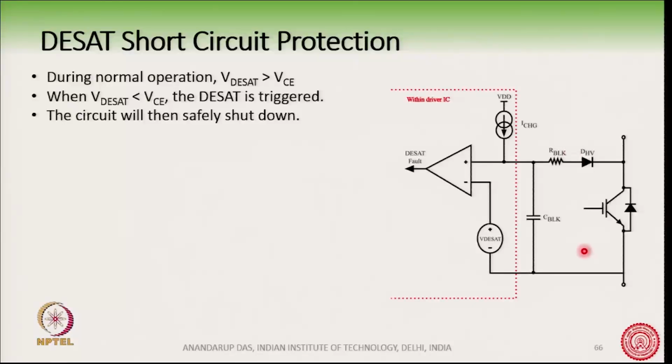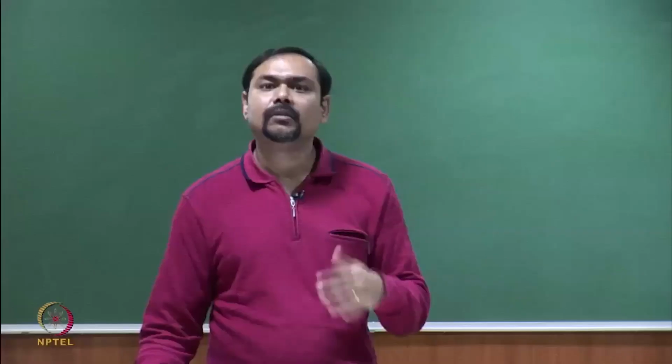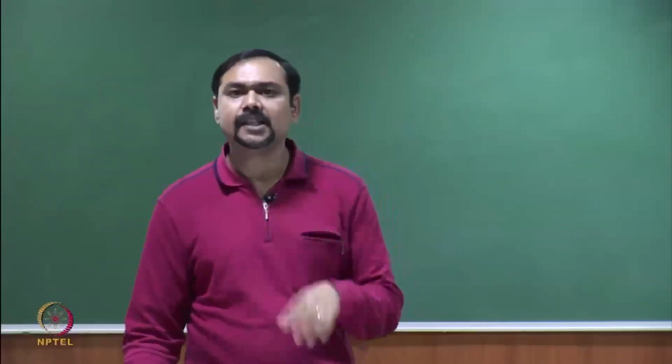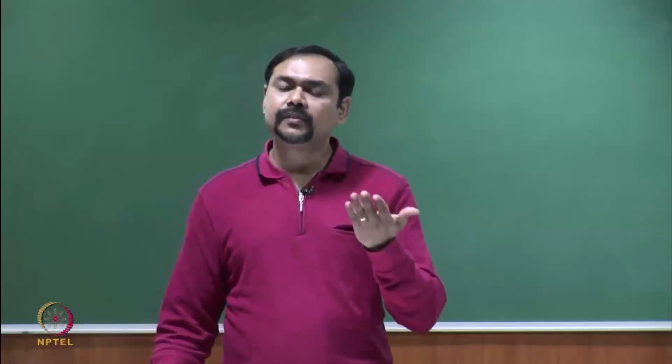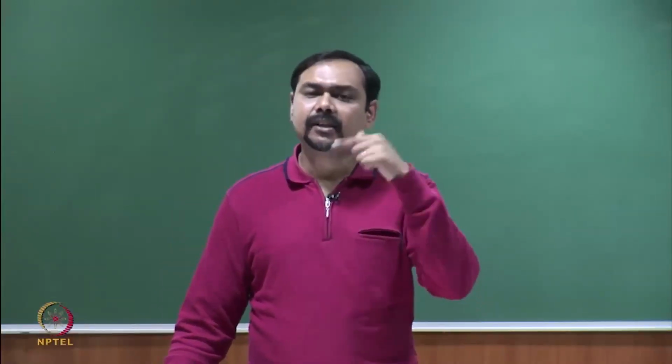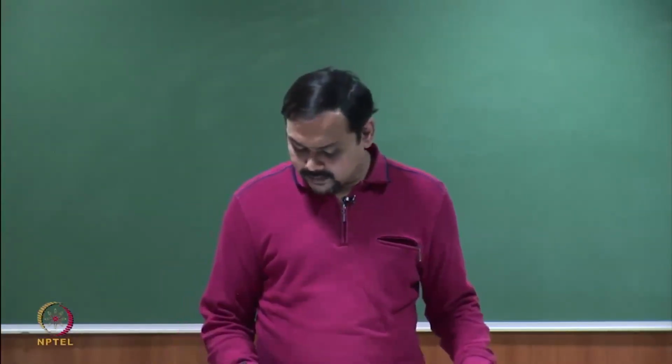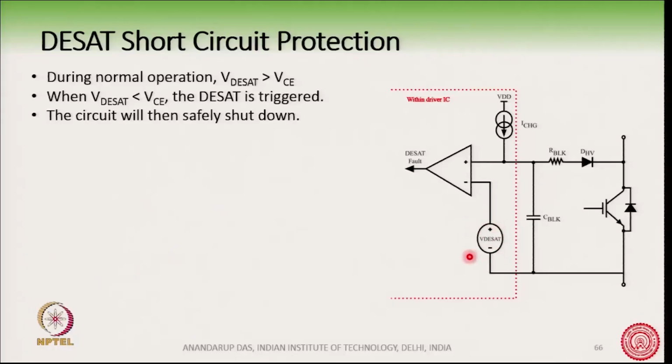In addition to that, there is also this capacitor C blanking, and there is also resistance R blanking, because if you do not use these components, every time the IGBT is turning on, it goes from the VDC voltage to, suppose, 2 volts, which is the VCE on of the device. Suppose the DC voltage is 600, so from 600 it goes to 2 volts, and suppose this VCE(SAT) is about 7 volts, for example.